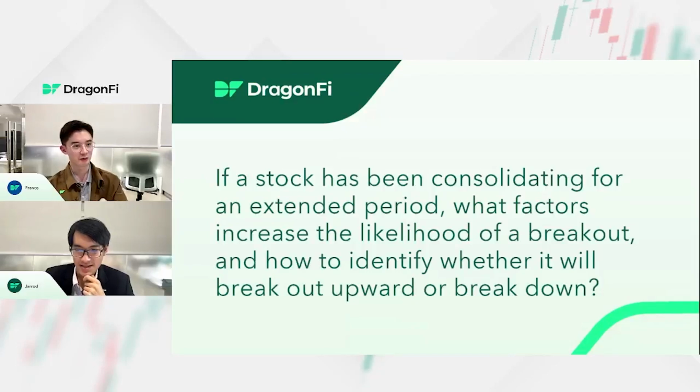So going back to the same examples that we've mentioned before, PX, the reason why it has broken out is because of a long consolidation. It's because of a specific company catalyst. So that's one of the reasons why a breakout or a breakdown will succeed. And other than that, it's volume.